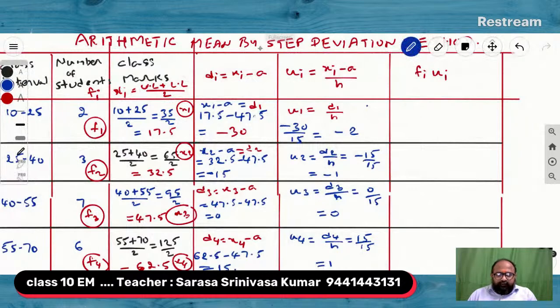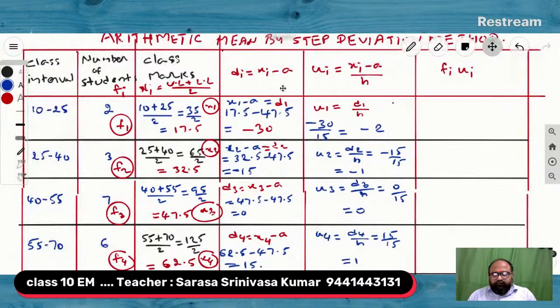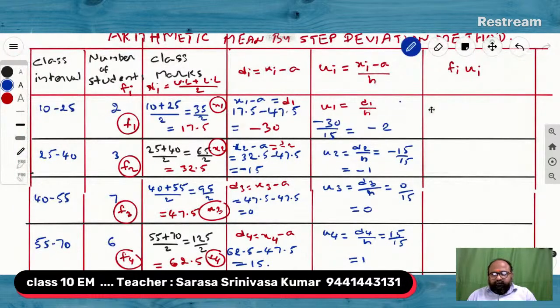Now the last column, first row, is F1 multiplied by U1.